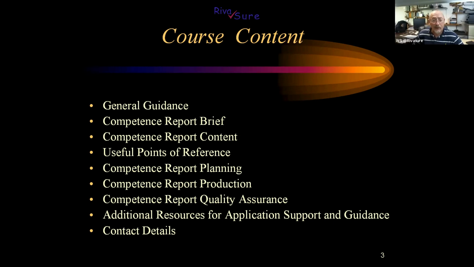So we will look at the competence report brief, and from that analyze what should be the content, and have a look at some good reference points which you can build your responses to. We will also look at general guidance, report planning, report production, and as mentioned before, be able to quality assure your report and make known to you the additional resources that are available. And we'll complete the course by showing the contact details.